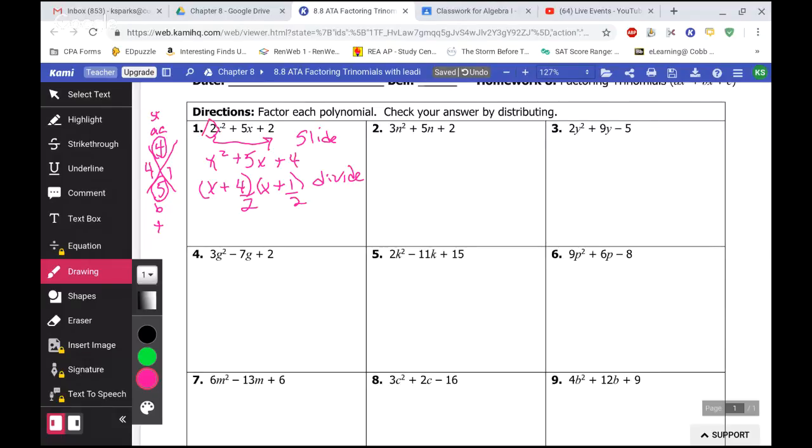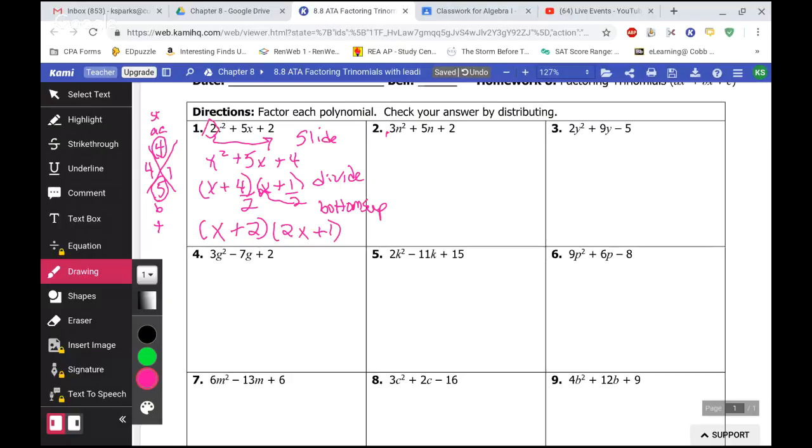And 4 divided by 2 is 2. And 1 over 2 doesn't turn out to be a perfect integer. So this is where we do bottoms up. So that's going to be 2x plus 1. So that's your final answer for that one.